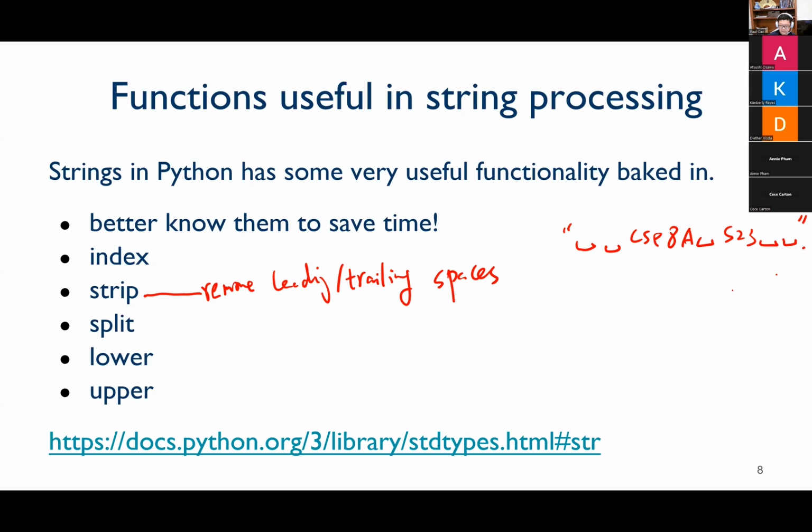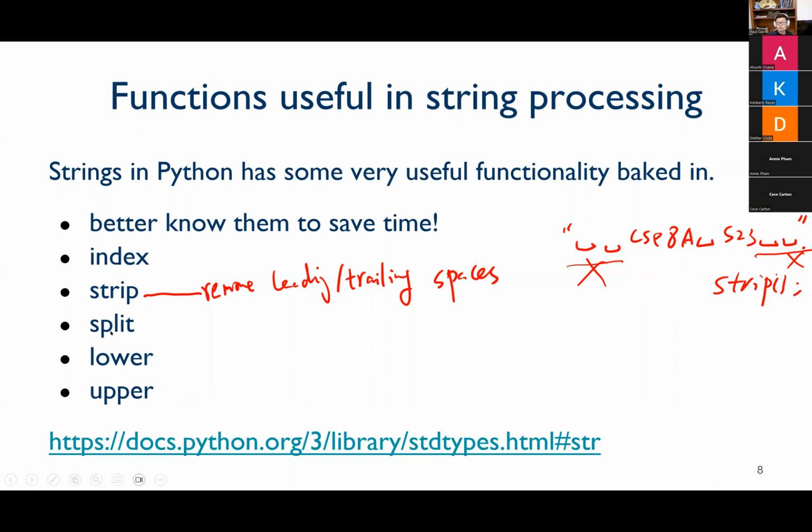If you say this thing dot strip, what this strip function will do is get rid of these two. The space in the middle of the string is not affected. Just be careful on that. So it is useful when you try to read in raw data.